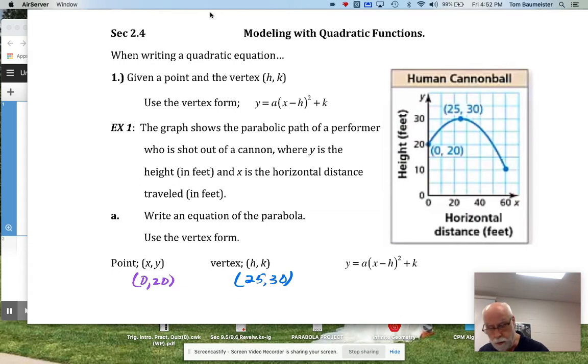So we're going to have 20 equals a times our x value, which is 0, minus our h, which is 25, squared, plus our k, which is 30.